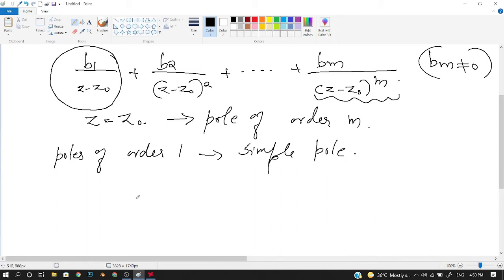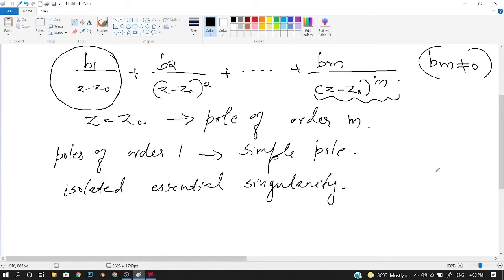If the principal part contains infinitely many terms, then z equal to z naught is called an isolated essential singularity. Okay.